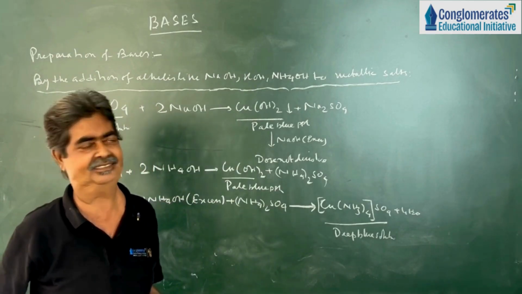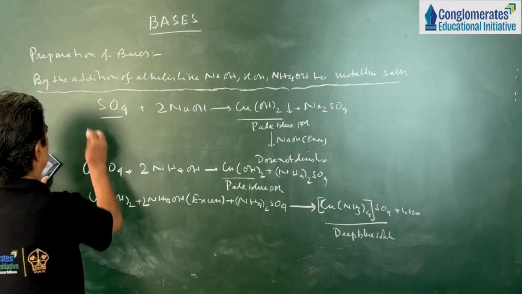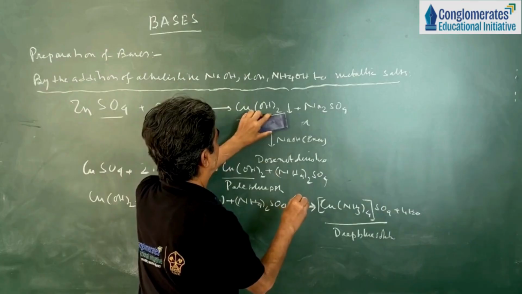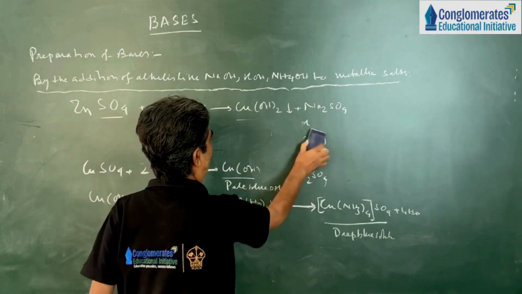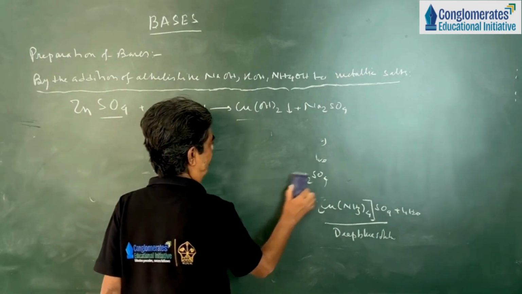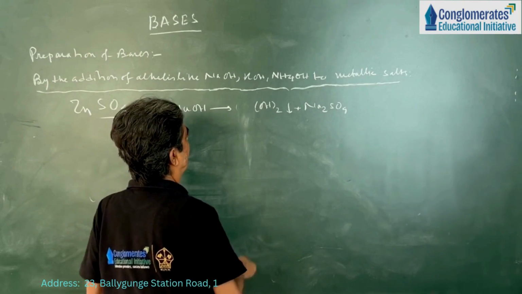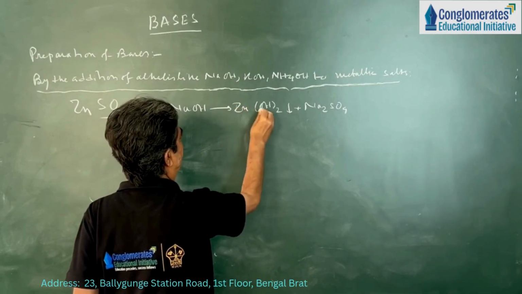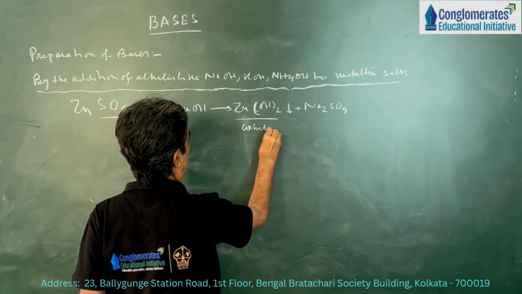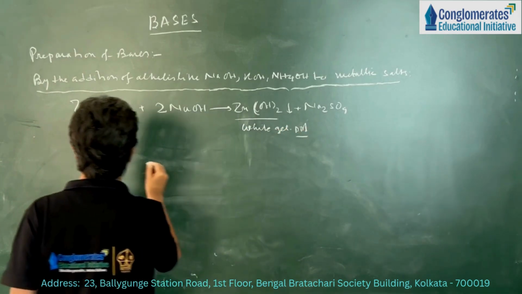So I'll show the reactions. Zinc sulfate plus NaOH will get Zn(OH)2, that is gelatinous white precipitate.